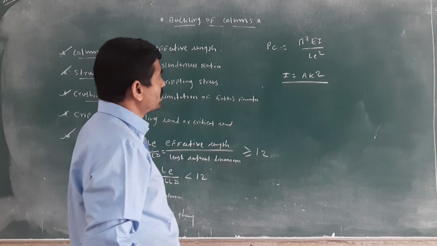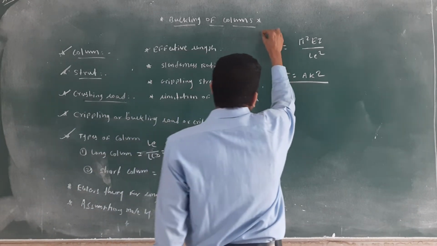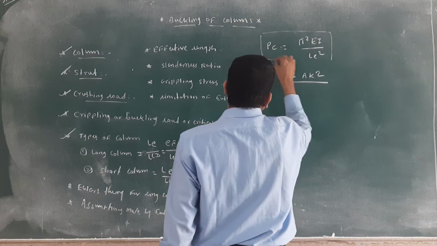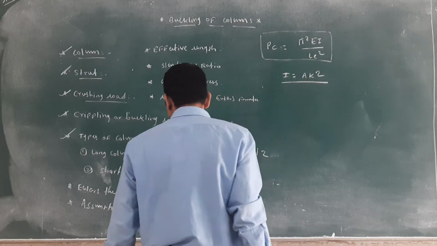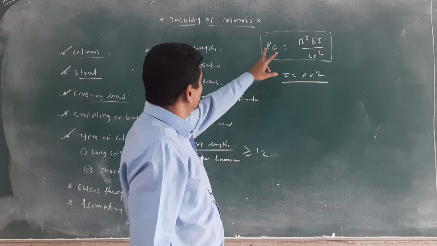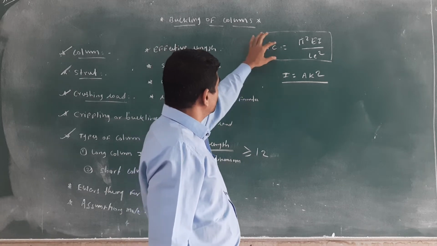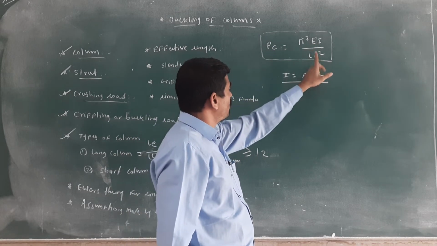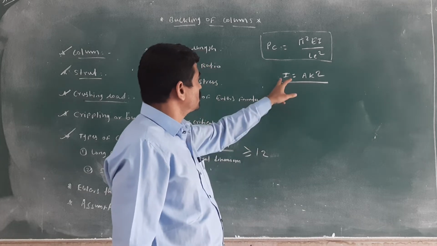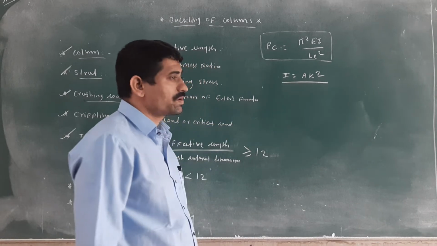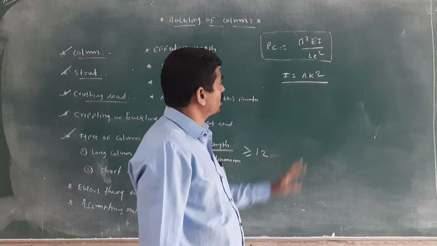I is equal to AK square. Remember this formula, very important. What is Euler's theory for the long column? You get the crippling load PC equal to pi square EI divided by LE square, where I is the least moment of inertia, equal to AK square.